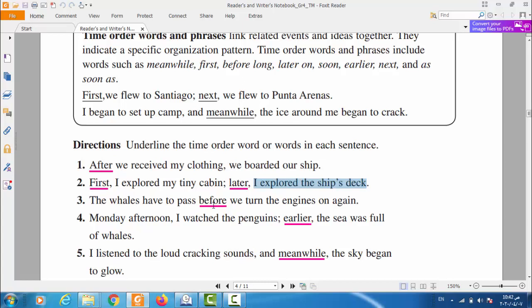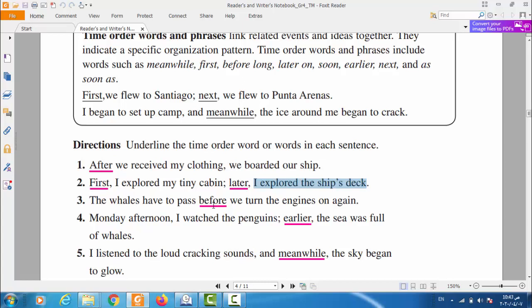So let's order the events of this sentence again. The first action is that you have to let the whales pass, and the second one is that we turn the engines on again.